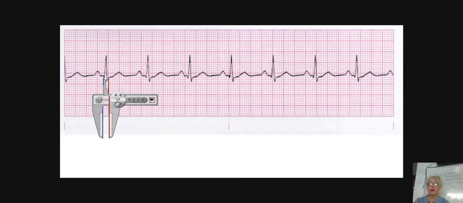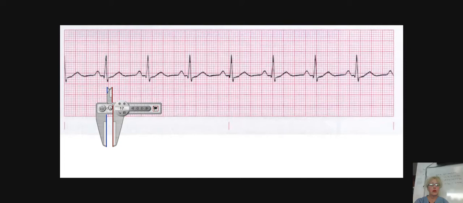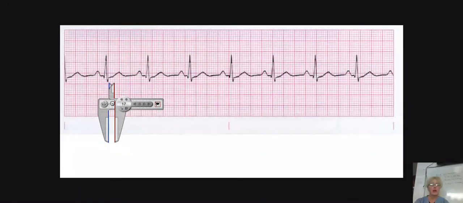Now it's kind of hard to see, so what I'm going to do is bring this down and put it on a solid line, and it looks like I've got about 3 small squares. So it's 0.12. So the QRS would be what? Normal. So you're going to write that down. Everything that we're talking about right now, you're going to write down when you interpret each of these rhythms, so that you start to understand it. So the QRS is normal.